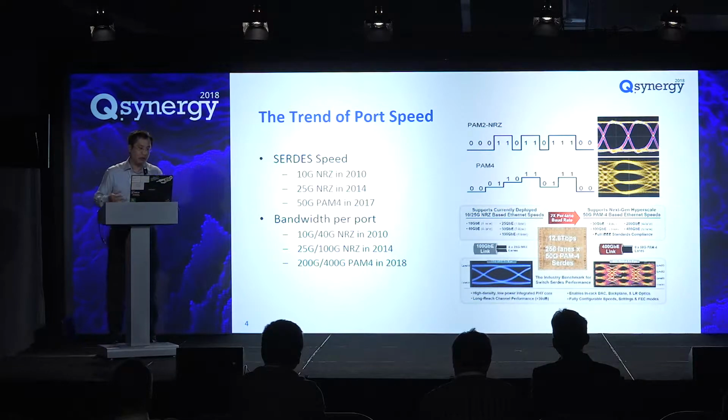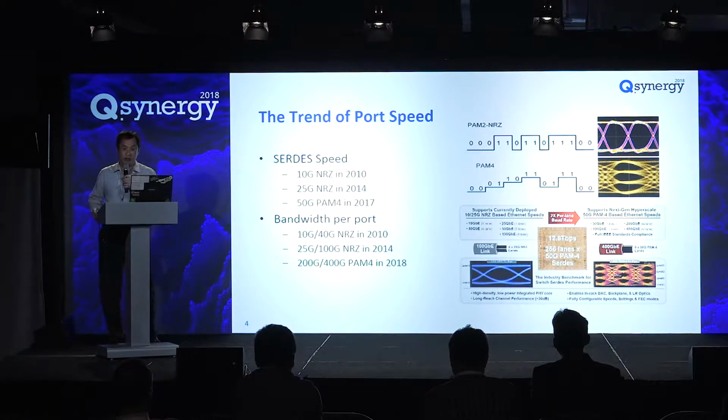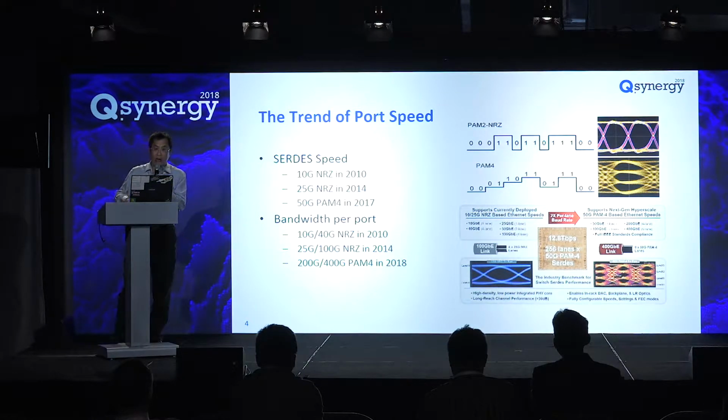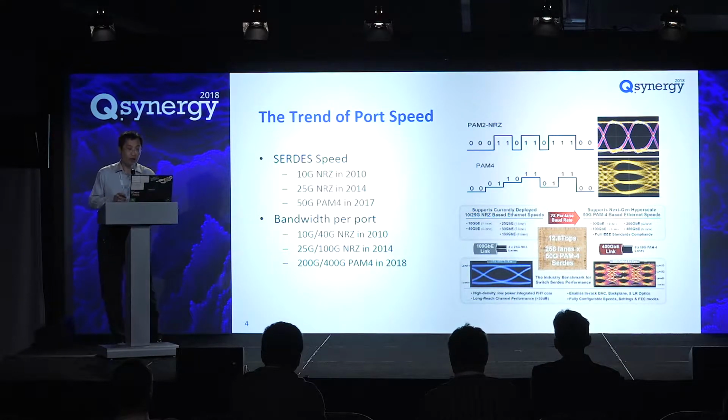So the speed increases about 2 to 3 times every 4 years. Today, we are in the era of PAM4-based 50 gig per lane, and our product delivers 400 gig by putting multiple lanes of SerDes.